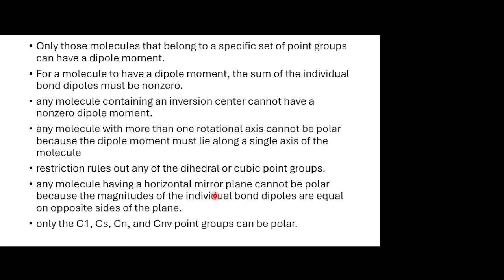And so when it comes down to being polar, the only ones that can be polar are just these right here. You'll notice those are the low symmetry ones. Okay? So if you go over to the low symmetry side of that flow chart, C1, CS, Cn, and Cnv. Those ones can be polar. If it has any higher symmetry than that, it can never be polar.